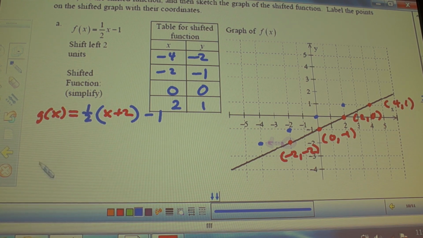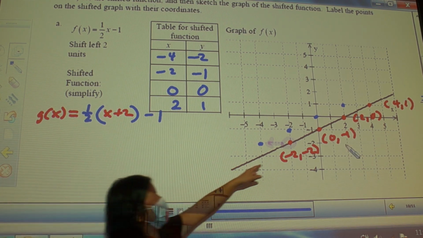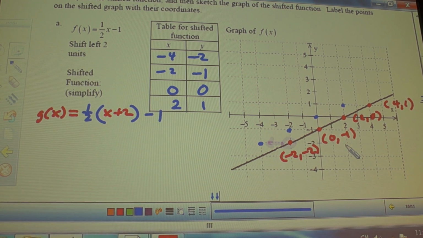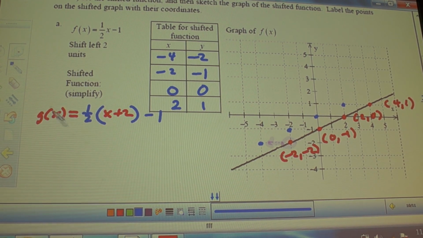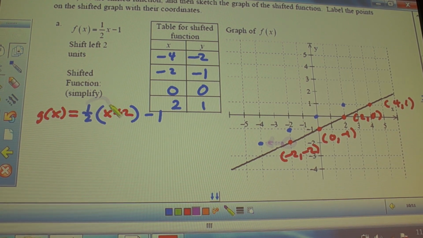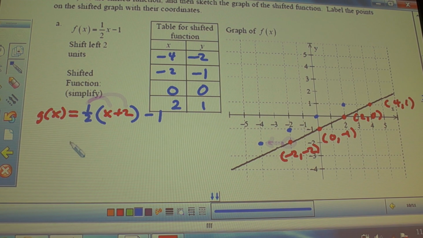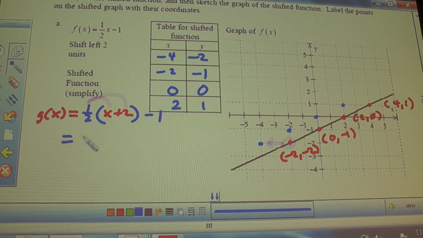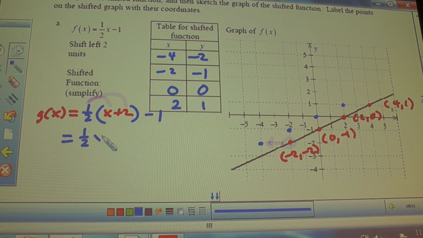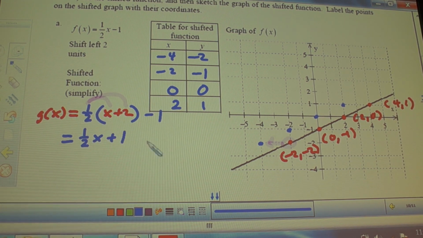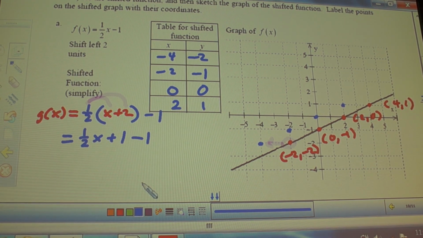All right, so let's go ahead. What you guys may have noticed is, hey, look, that looks the same as if my line just went up 1. Let's clean up this function we did here. So we have 1/2 times x, 1/2 times 2. What do I get if I do that? 1/2 times x is 1/2 x. 1/2 times 2 is +1, -1.